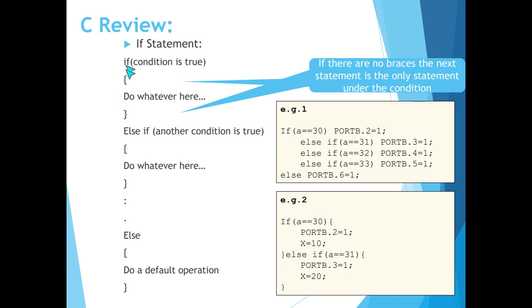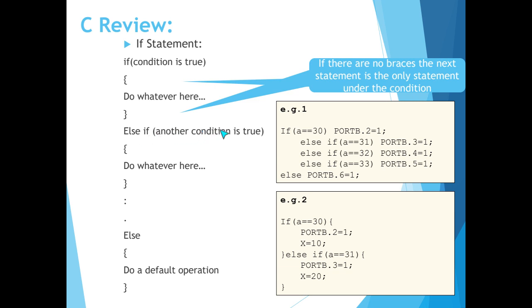After the body of the if statement, if the condition is not true, there is another term which is else if. If the first condition is not true, then the compiler considers this condition.